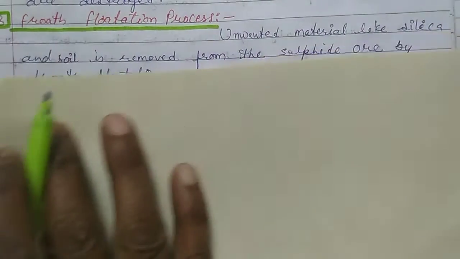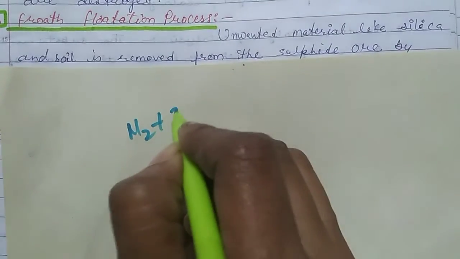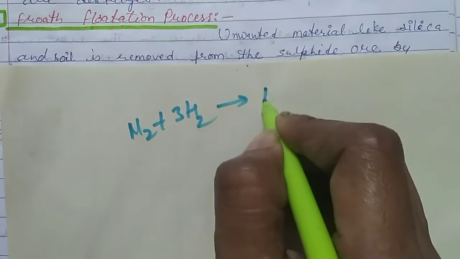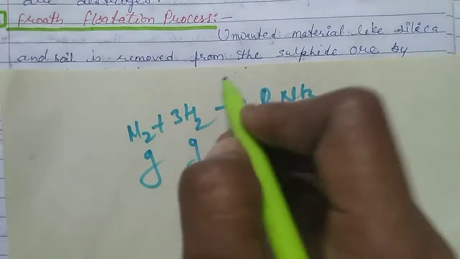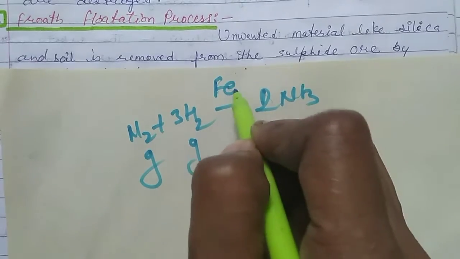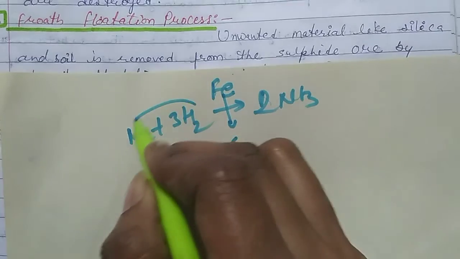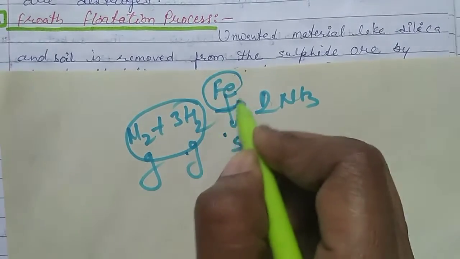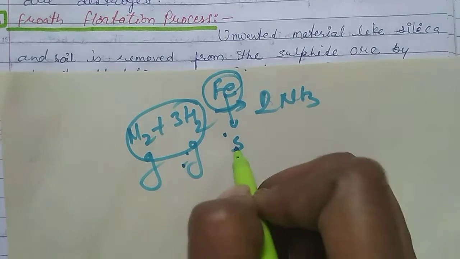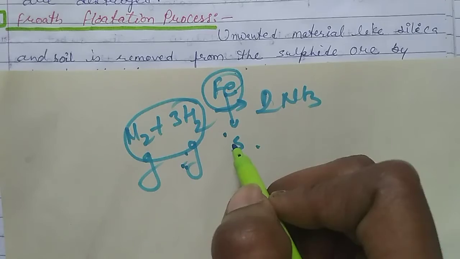It means heterogeneous catalysis, just like N2 and H2 reacting to make NH3. These are gases, but the catalyst used in this process is iron powder, which is solid in phase. So the gaseous phase reactants react in the presence of a solid catalyst. The physical state is different, so it is an example of heterogeneous catalysis.